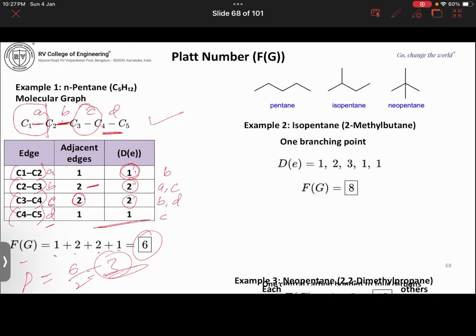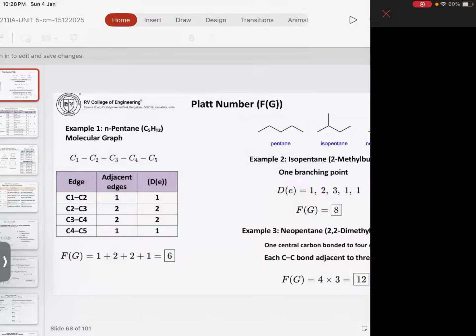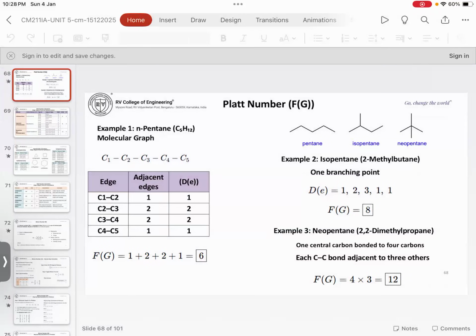Let me explain the calculation of plot number. So isopentane is this one, right? You just label this as A, B, C, and D. So there are 4 edges.